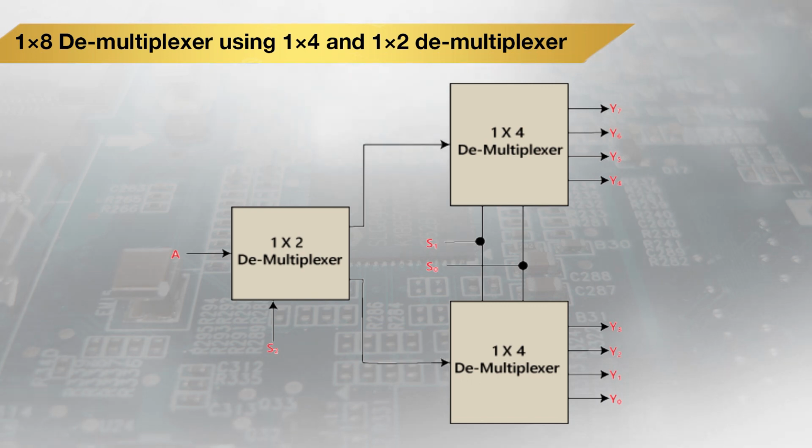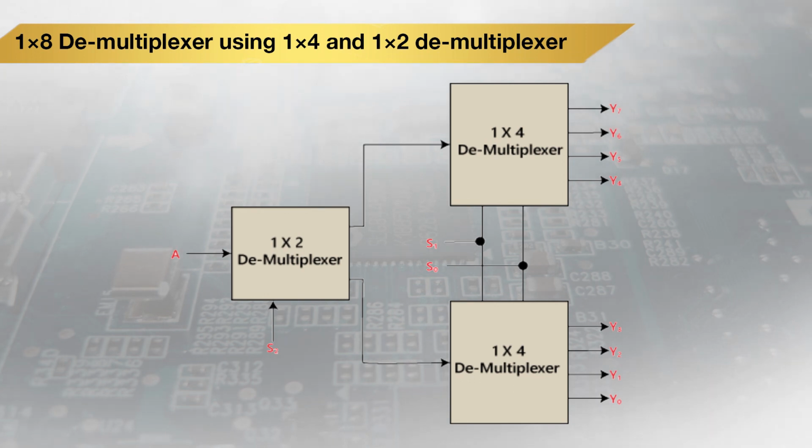Let's say S1 and S0 are given to the 1x4 demux. So S0 will be given to both demuxes and S1 will be given to both 1x4 demuxes, and S2 will be provided at the 1x2 demux.